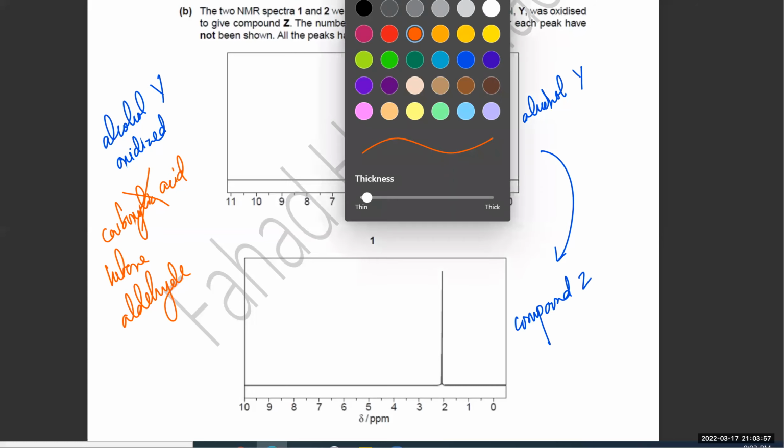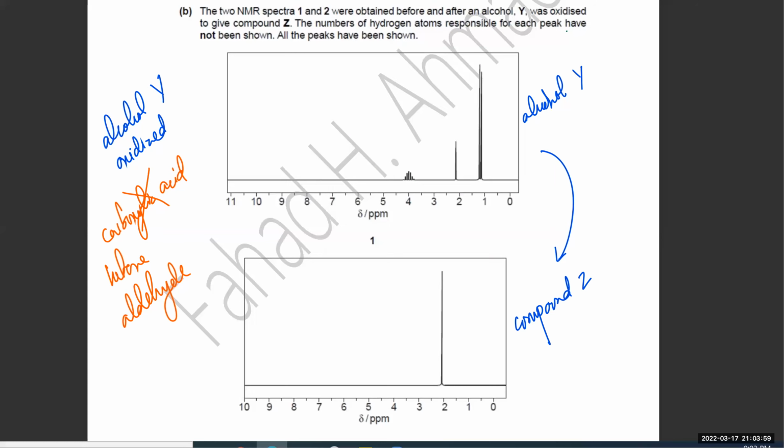What about a ketone? Can a ketone have a single peak? Which ketone specifically has just one single environment? If I have one carbon on each side, 3 carbons, then with 3 carbon atoms you're going to get a single peak, right? Is there any other ketone that will have a single peak?